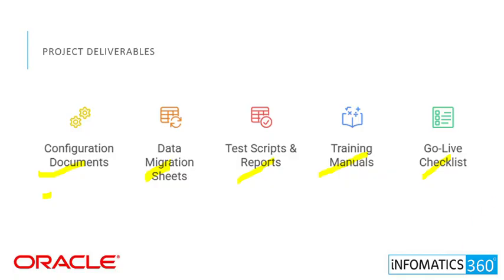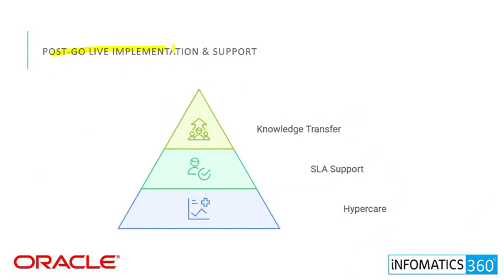Then post go-live implementation support. After the system goes live, our support does not stop. We provide three key services: hypercare, SLA support, and knowledge transfer. Hypercare is immediate support right after go-live. We will fix any urgent issues and guide users while they get used to the new system.